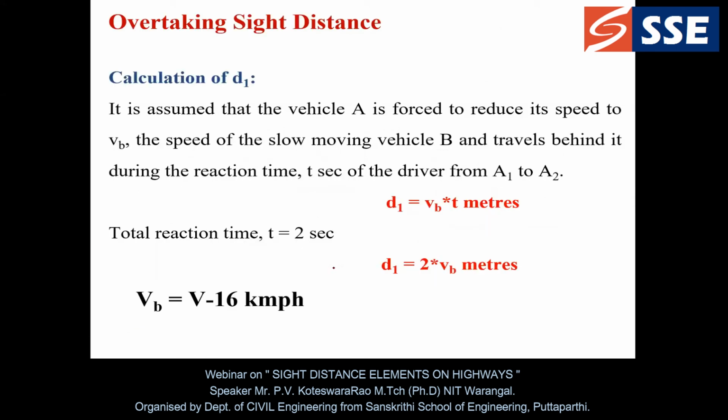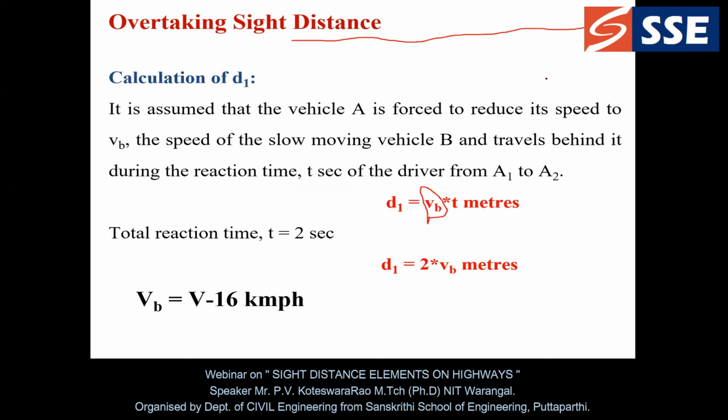In general, D1 is nothing but the distance traveled by the vehicle before the overtaking process starts. Then the velocity, please observe this one. Everyone, please listen to this one. We are using the velocity of the second vehicle.